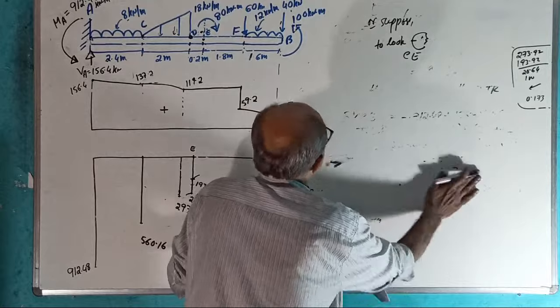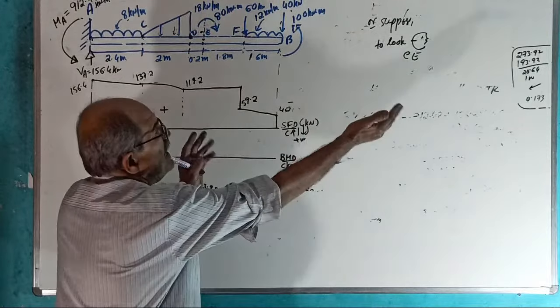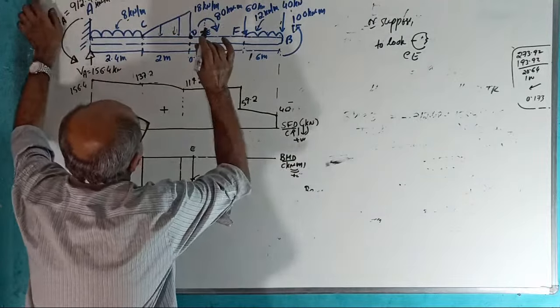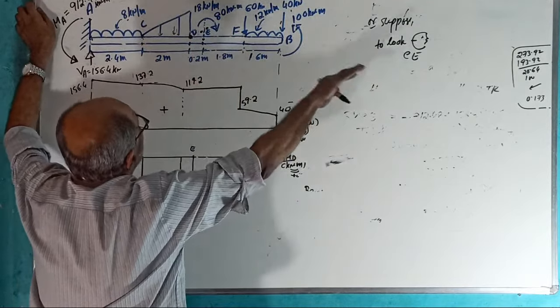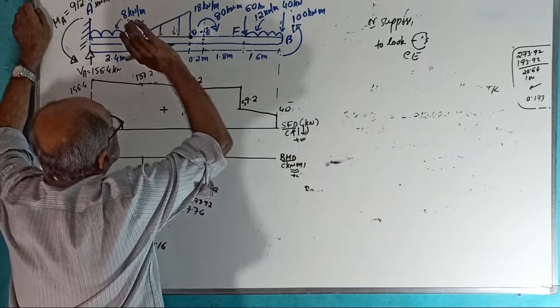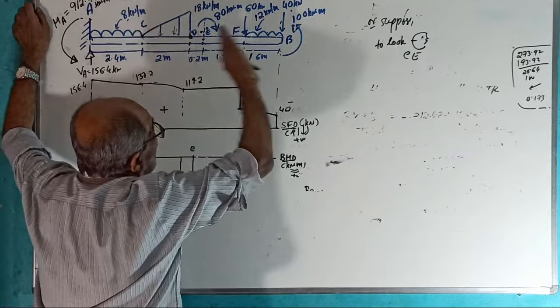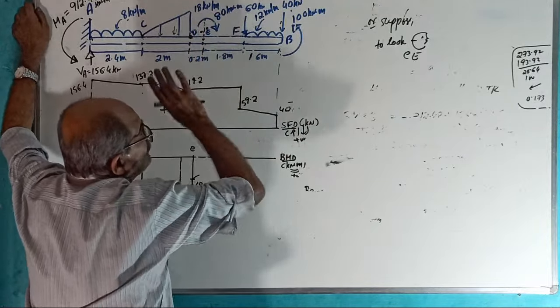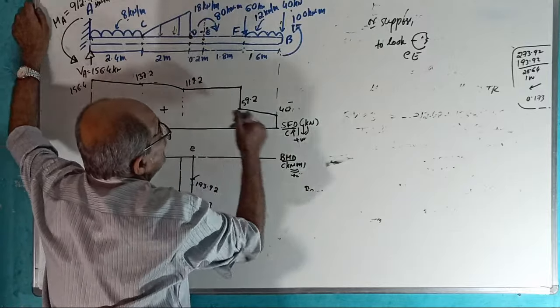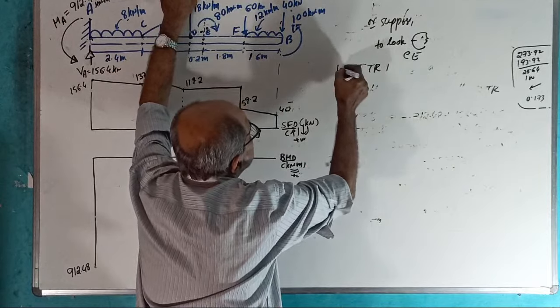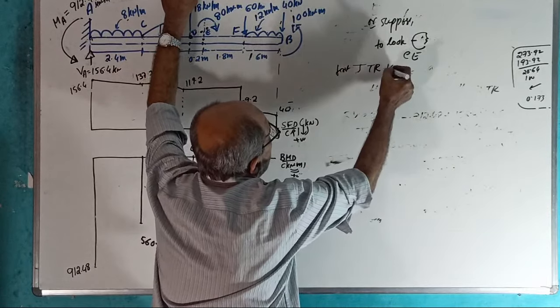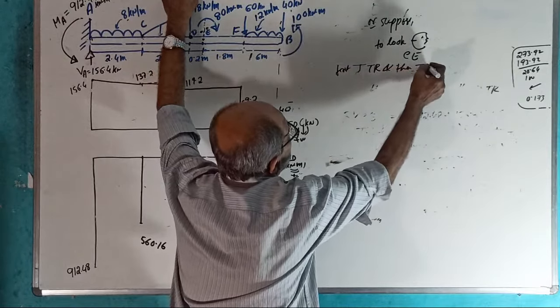Common sense. So, if you are doing the right side calculation, you first find BM just to right of E, looking that side. When you go to just to right of E and look that side, again the couple you cannot see. Why? The couple is here. First JTR and then JTL.